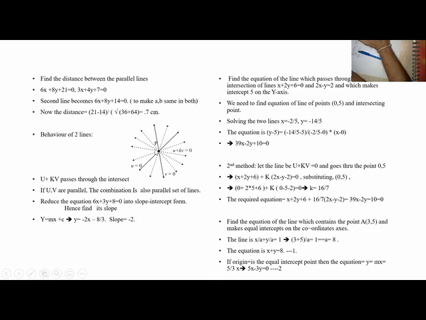U plus V can be formed by adding with some constant. This constant also will go, because K is a constant only. So this point is going through U, it's a factor of U. This point goes through V, it's also a factor of V. So 0 plus K into 0 is 0. That means this combination of equations also goes through this point.